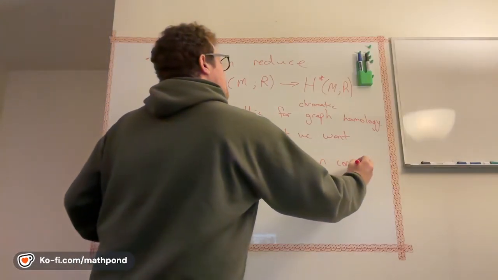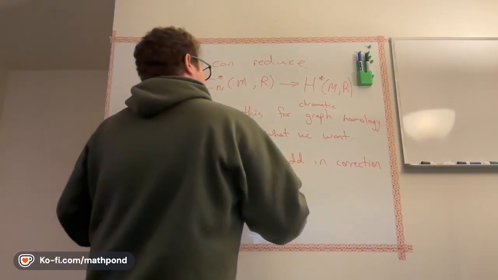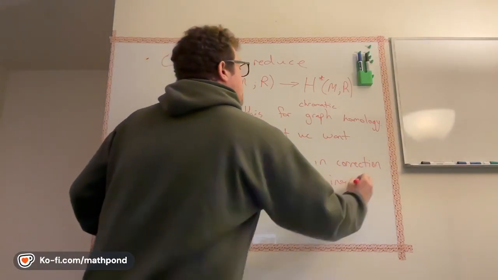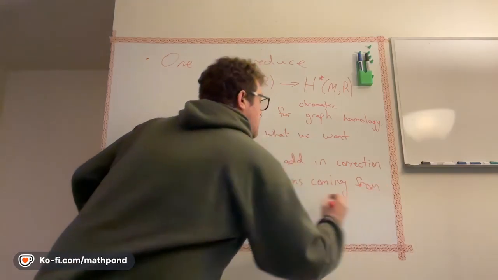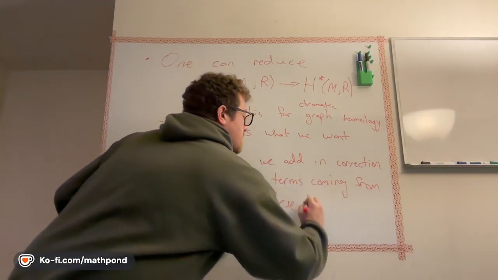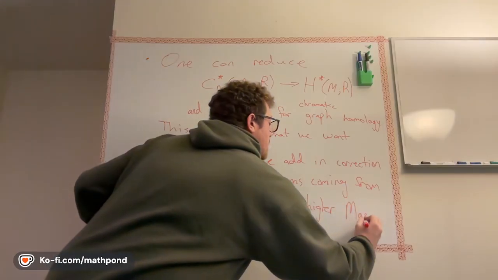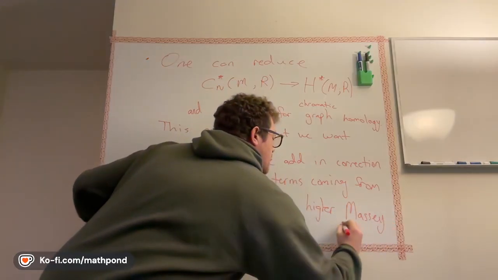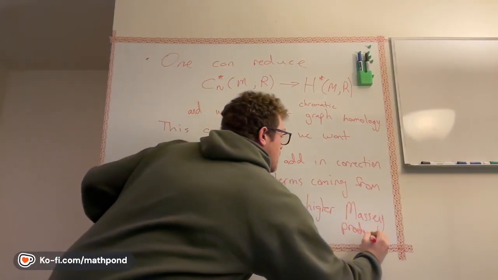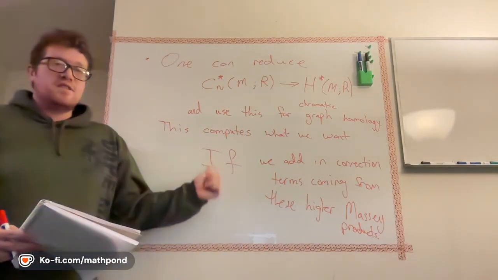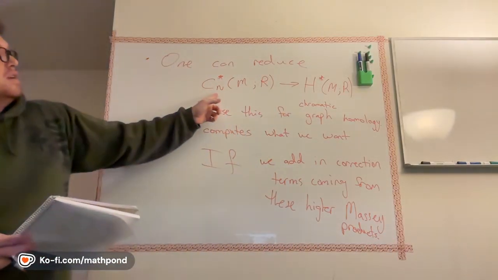Correction terms coming from these higher Massey products. And these Massey products are just the remnants of the A infinity structure coming from here.